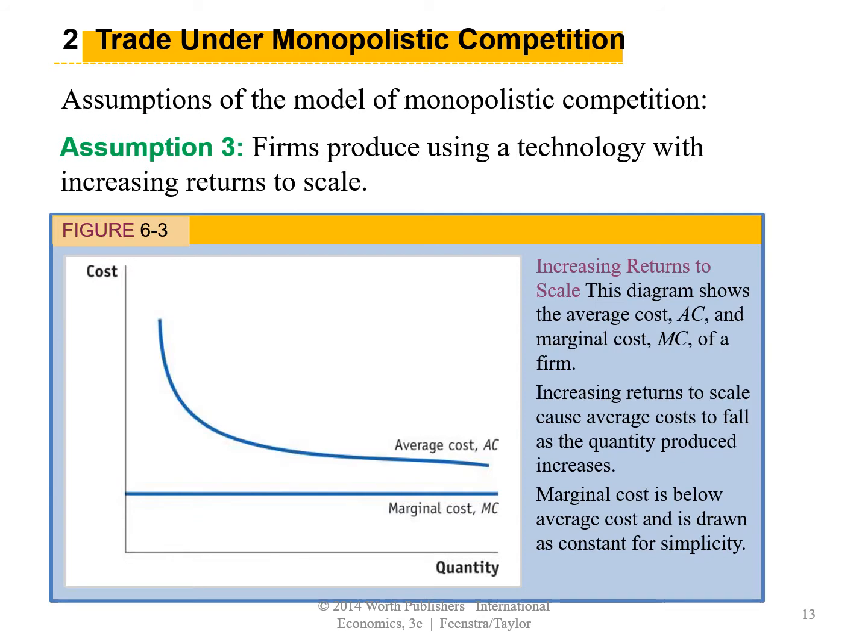Assumption 3 is that firms produce using a technology with increasing returns to scale. So as you increase the level of your output, your average cost goes down. And that can be explained by saying, for example, the firm has a big fixed cost. Even if the firm isn't producing anything at all, it has a very high cost that it has to absorb, a fixed cost.